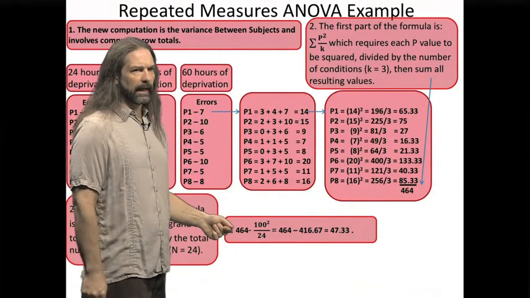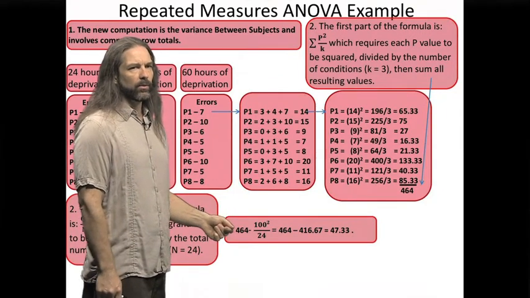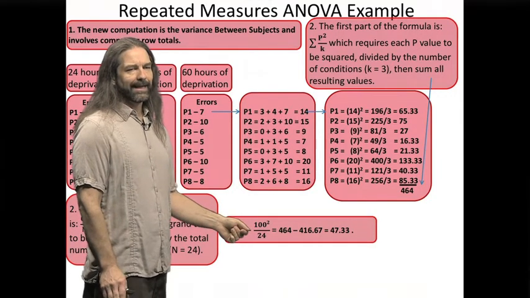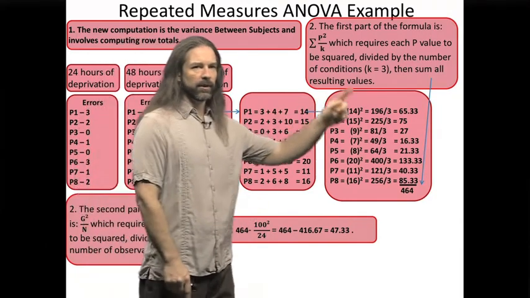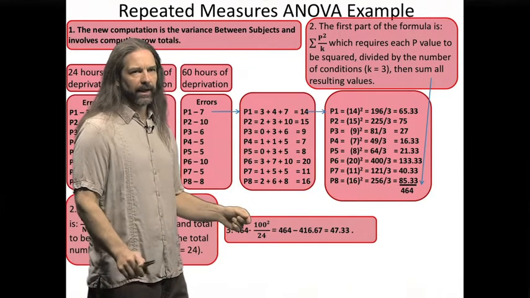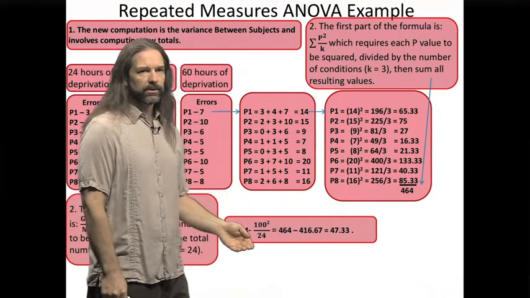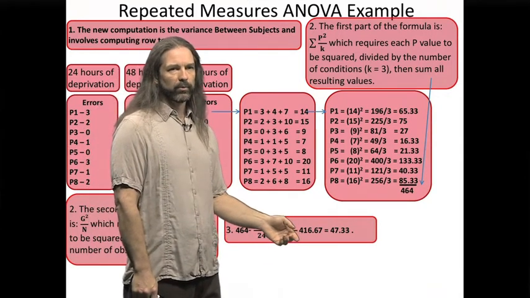The other mistake that students most commonly make is you only subtract that g squared divided by capital N once. So after you have summed all of these up, then you calculate this fraction and subtract it once. The mistake that students make is, in this case, g squared, 100 squared divided by 24 ends up being 416.67.